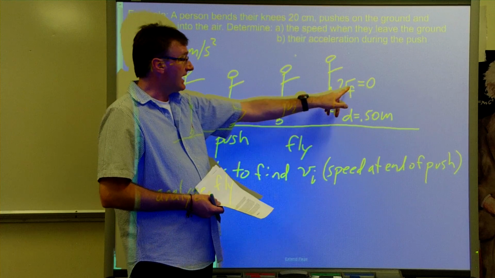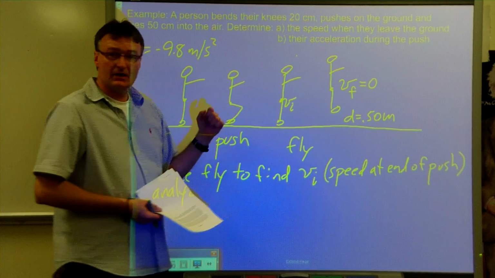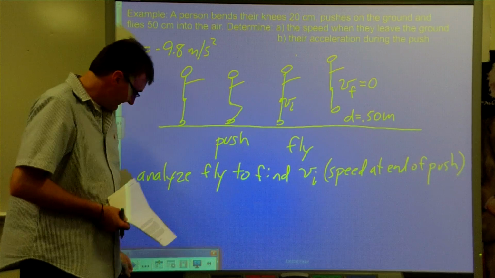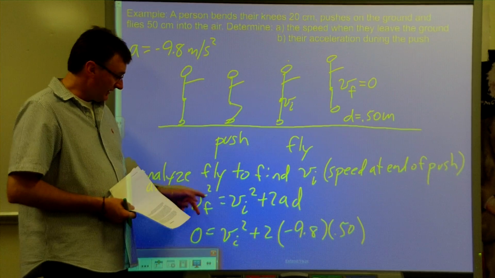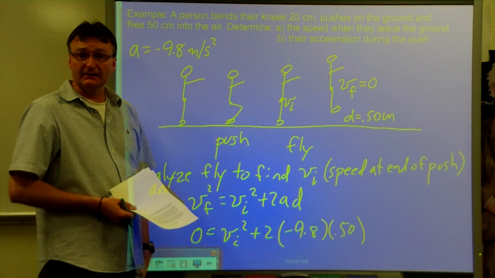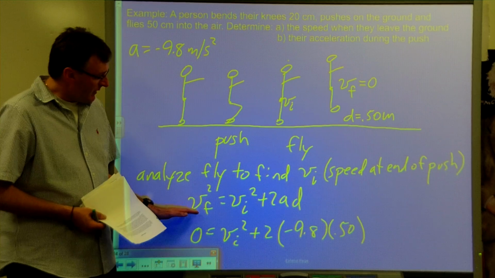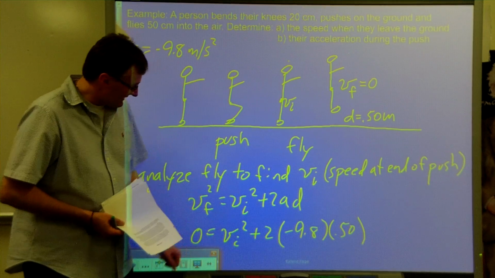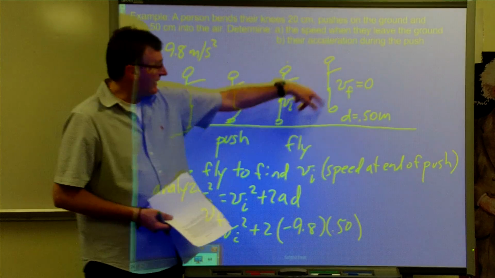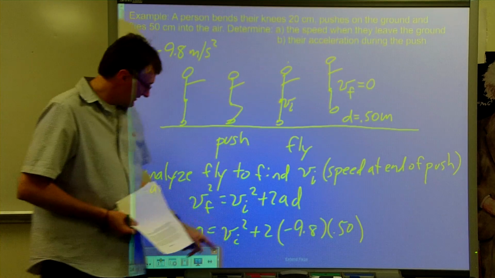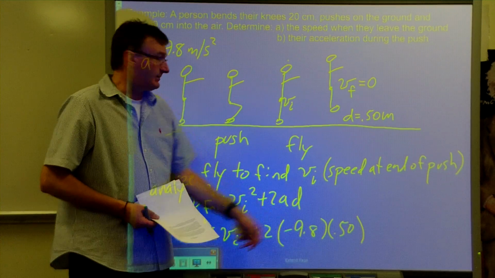So we can make use of that in order to determine what their velocity is when they leave the ground, because we're going to use this equation right here: V final squared equals V initial squared plus 2AD. And you can see from this equation, we know everything except the initial velocity. So at the top of the motion, the velocity is indeed 0, so we put that number in there. And we can put the other numbers in there.